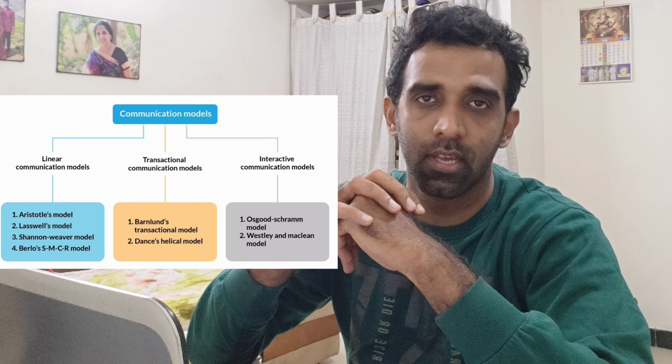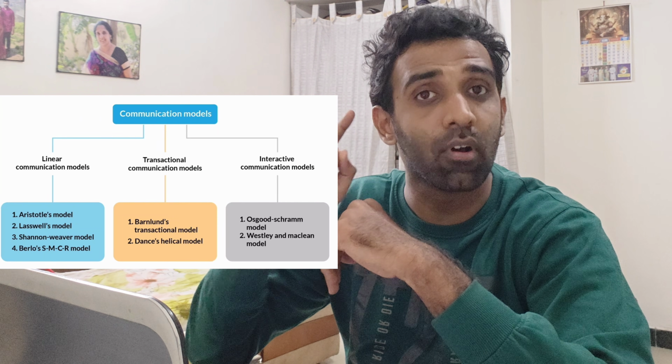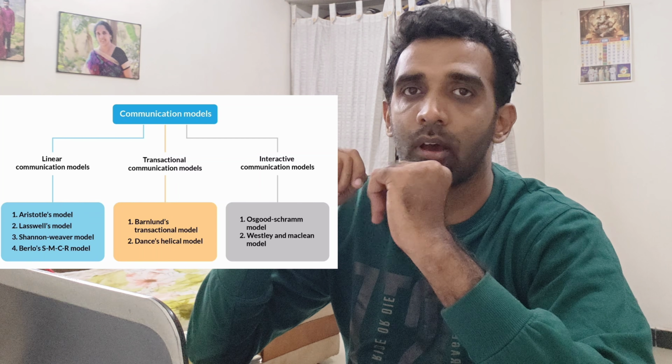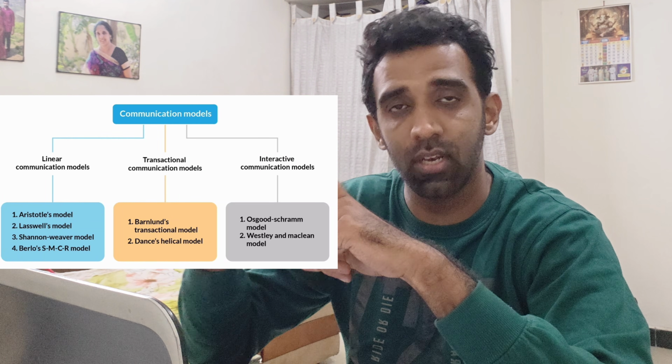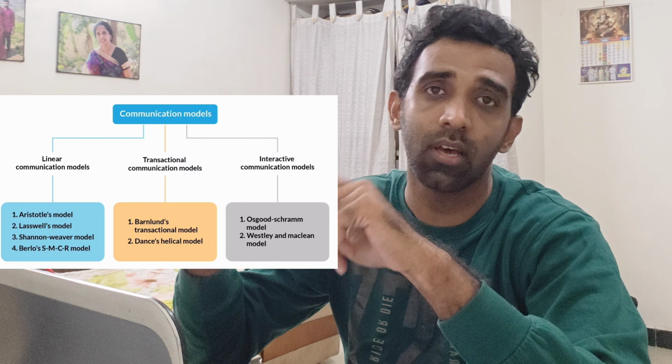The linear model describes communication as a one-way process. In the linear model, we have 4 main communication models: first, the Aristotle model; second, the Shannon-Weaver model; third, the Lasswell model; fourth, David Berlo's SMCR model. These 4 models are one-way process models.